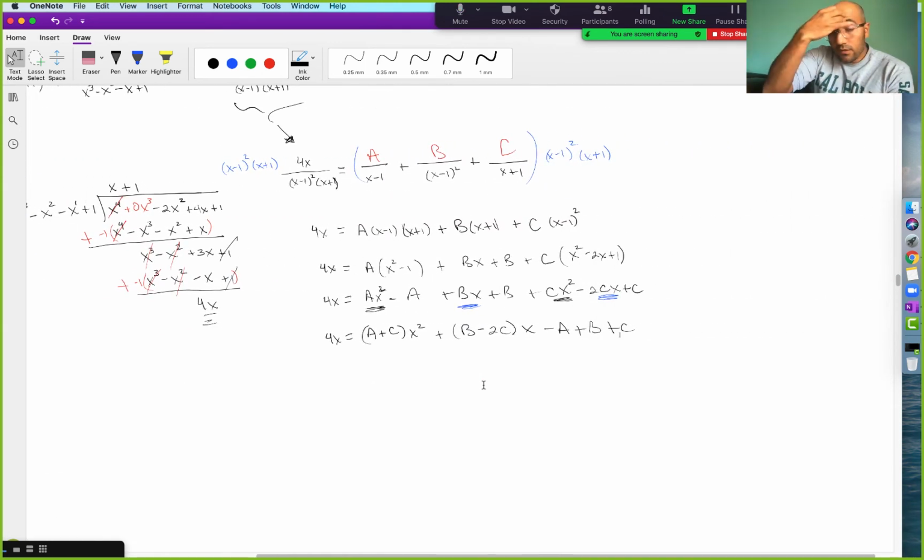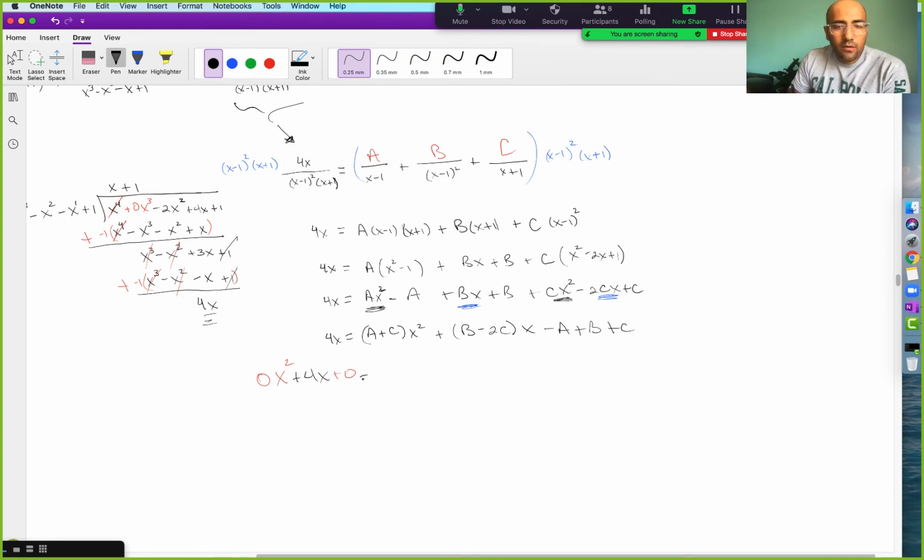All right, so what we notice on this thing again is that some of those terms on the left-hand side are missing, so I'm going to fill in the blanks. So I have that 0x squared, and then I have this positive plus 4x, and then I guess a plus 0, right, since it's missing.